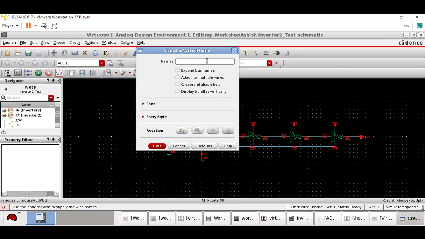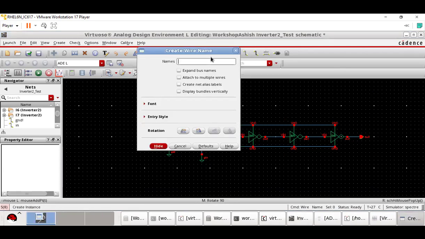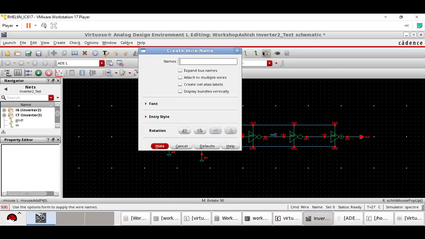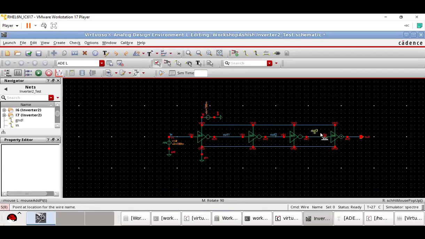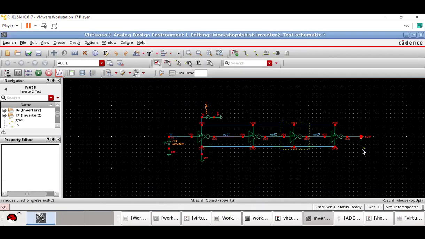I am going to name output 1 to this, then output 2 here, output 3 here, and this output I will name output 4, right?